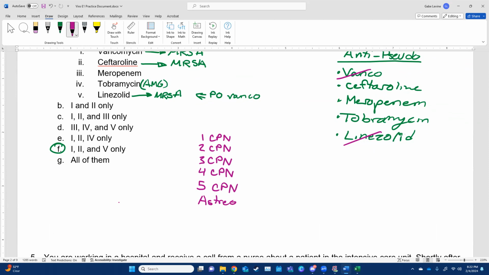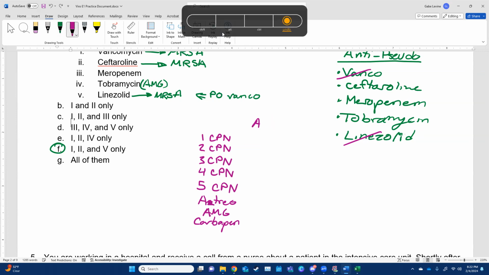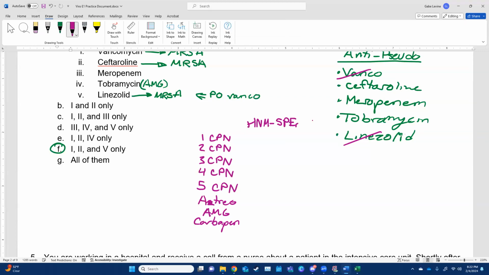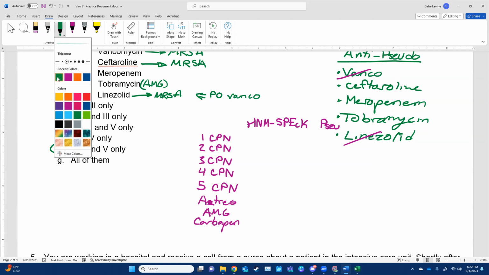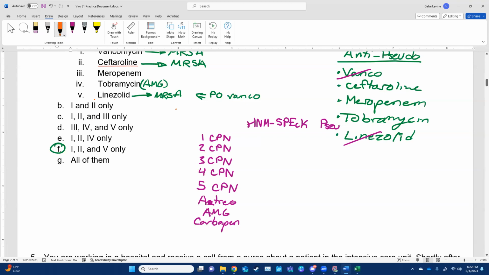We had aminoglycosides and carbapenems. Which out of this block of drugs, what can we get rid of right away and says does not cover Pseudomonas? So broad gram negative.